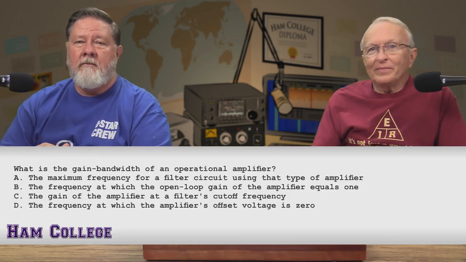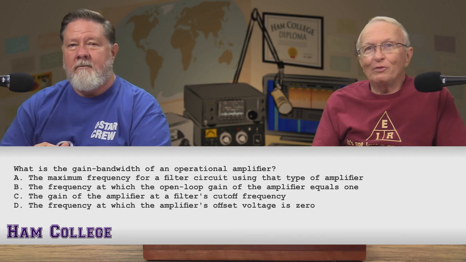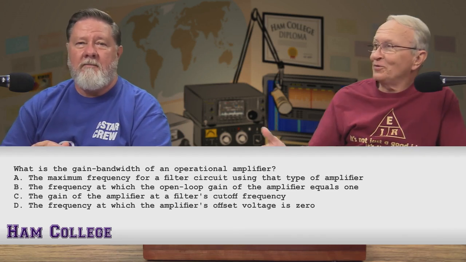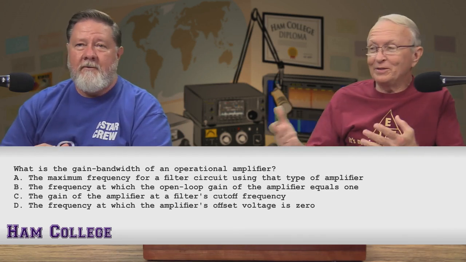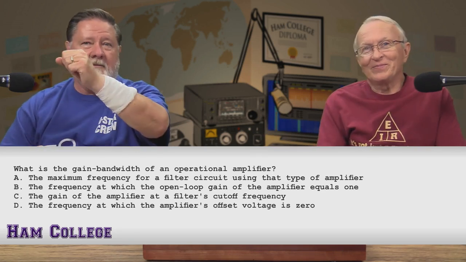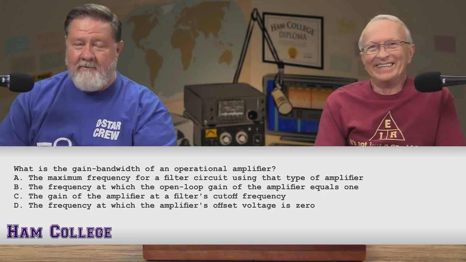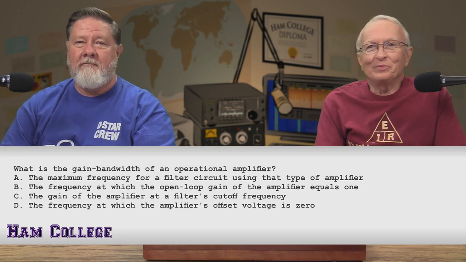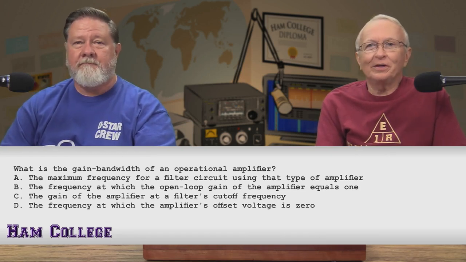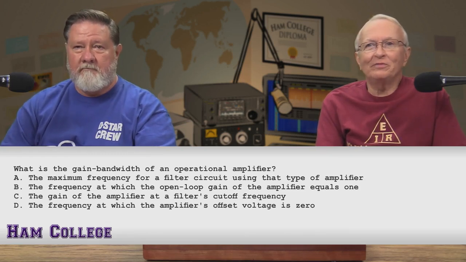What is the gain bandwidth of an operational amplifier? You're pulling my leg, man. You wouldn't pull the arm of a guy with a sore arm, would you? A, the maximum frequency for a filter circuit using that type of amplifier.